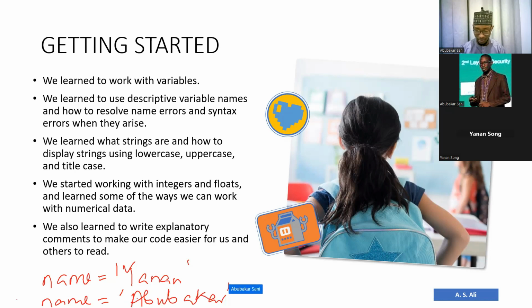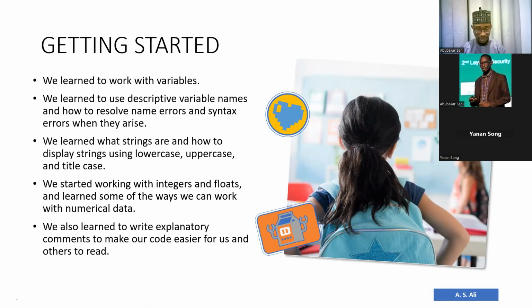And variables are the same, no matter the programming language you are using, whether Java, PHP, or Python. We learned about naming these variables with descriptive names. We like to give our variables proper names.